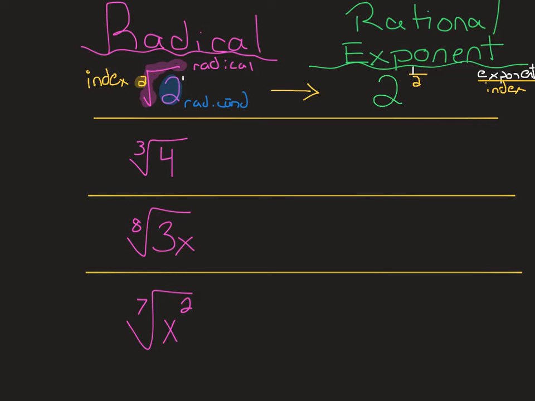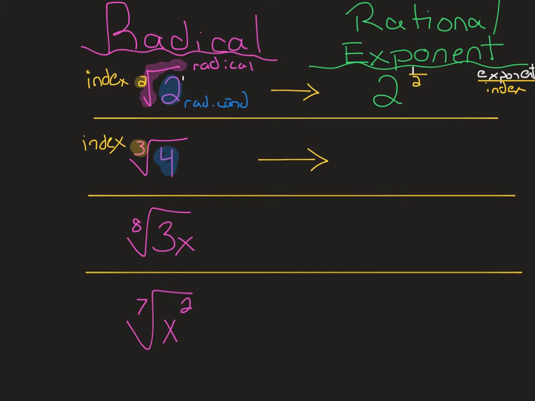So let's take another look here. On this next example, we have the cube root of 4. So my index is 3. My radicand is 4.